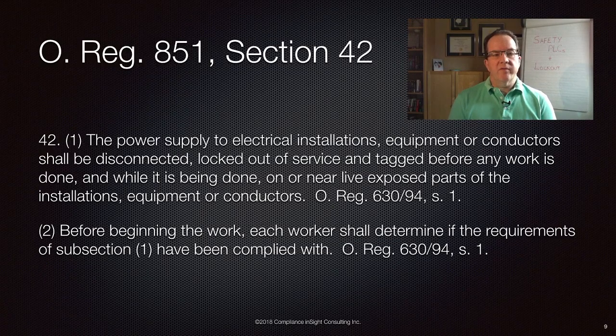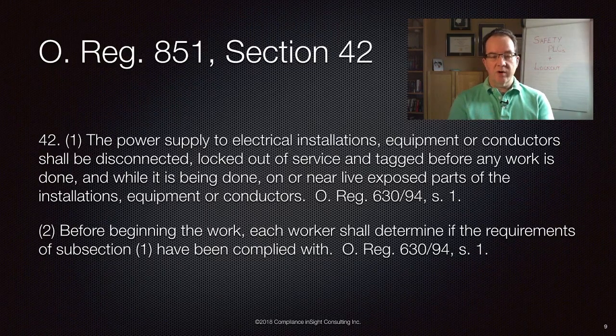So 42.1 reads, the power supply to electrical installations, equipment, or conductors shall be disconnected, locked out of service, and tagged before any work is done, and while it is being done on or near live exposed parts of the installation's equipment or conductors. Section 42.2 reads, before beginning the work, each worker shall determine if the requirements of subsection 1 have been complied with.